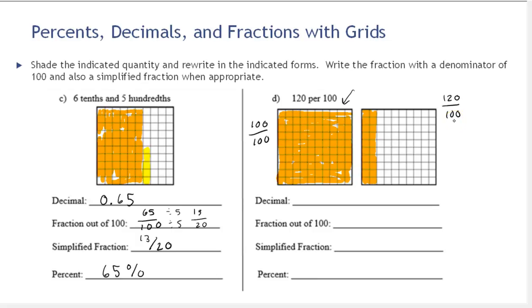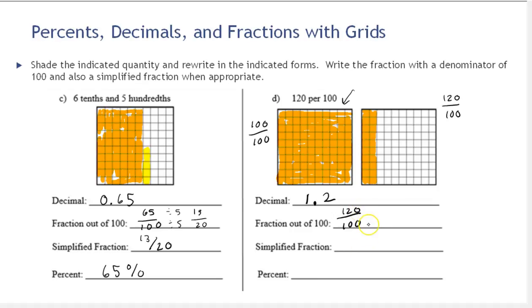Okay. As a decimal, this is 1 whole square, which we'd write as 1, and this is 2/10, so it's 1.20. Our fraction out of 100, well, we wrote that here, it's 120 over 100. Now we can simplify this fraction.